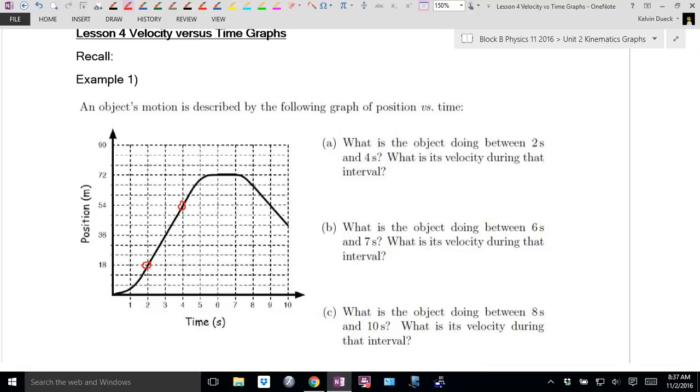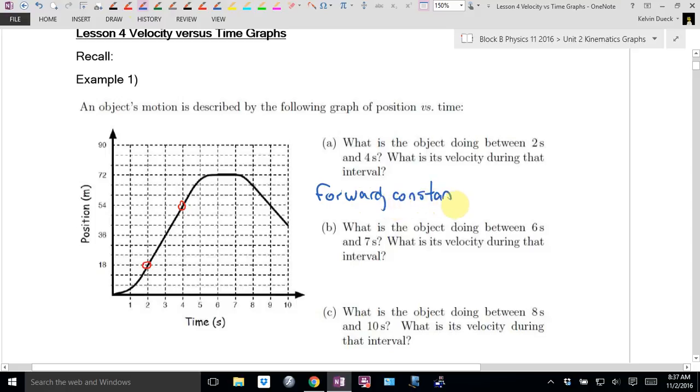I'm looking for a word that begins with the letter C and rhymes with nerve. Yeah, it'd be curves, steeper or shallower. Okay, so let's say forward, constant speed, and in fact, then it asks, what's its velocity during that interval?